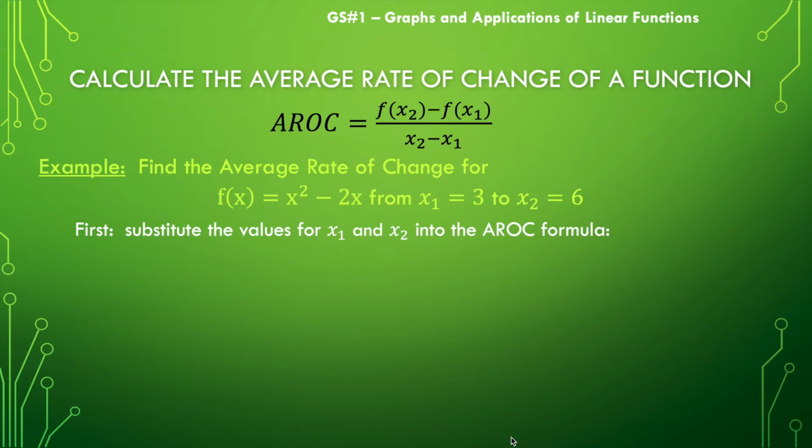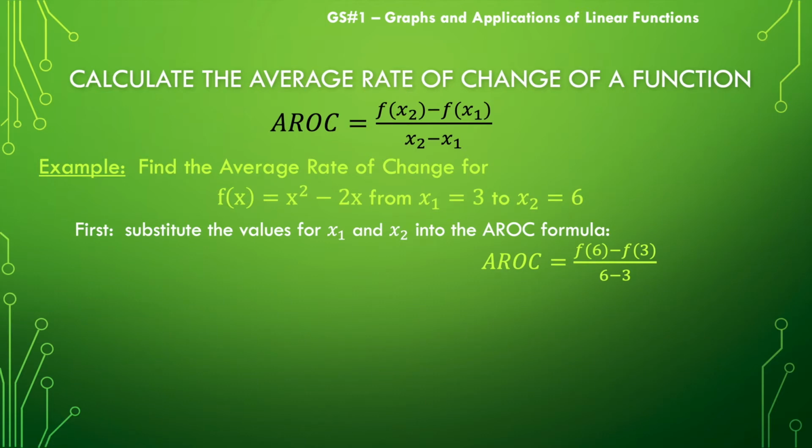So the very first thing I'm going to do is sub in the values for x1 and x2 into this average rate of change formula. So f(x2), which is f(6), minus f(x1), which is f(3), in the numerator, divided by 6 minus 3.